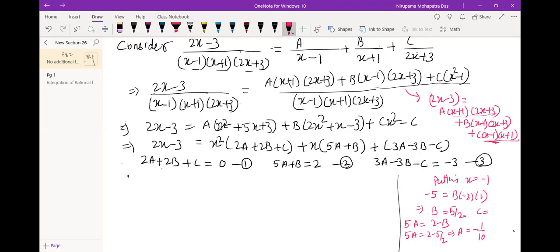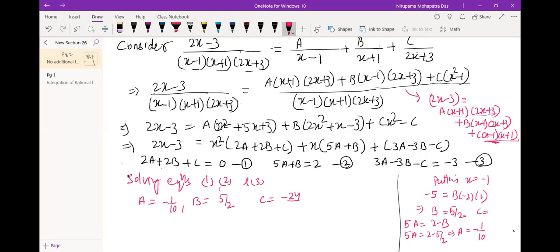So solving equations 1, 2 and 3, you are getting A equal to minus 1 by 10, B equal to 5 by 2, C equal to, so what is C here? C will be minus 24 by 5.